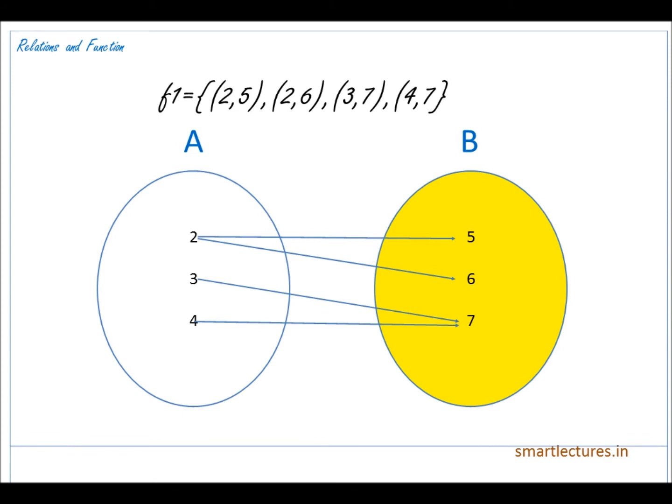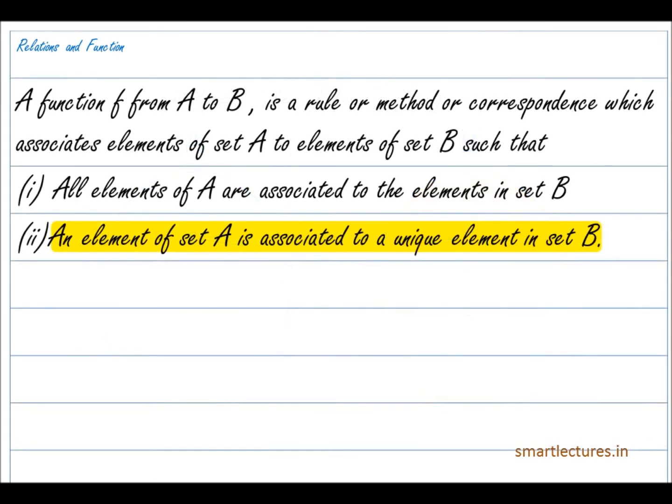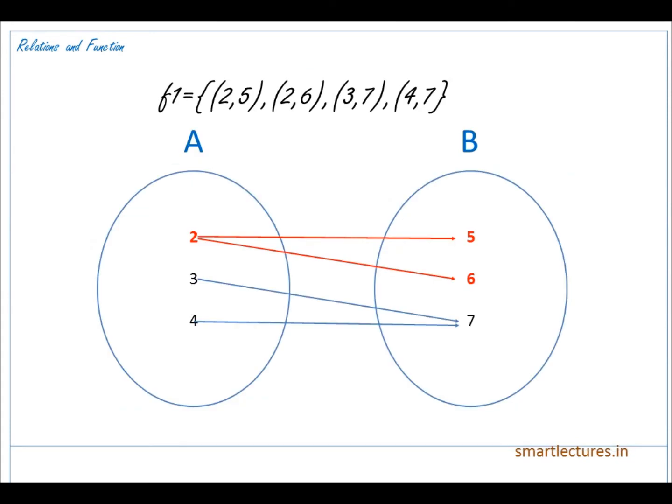And now let's check the second condition. The second condition says an element of set A is associated to a unique element in set B. For this relation to be a function, 2 must relate to only one element in set B, but it is associated with 5 as well as 6. So that means this relation is not a function.